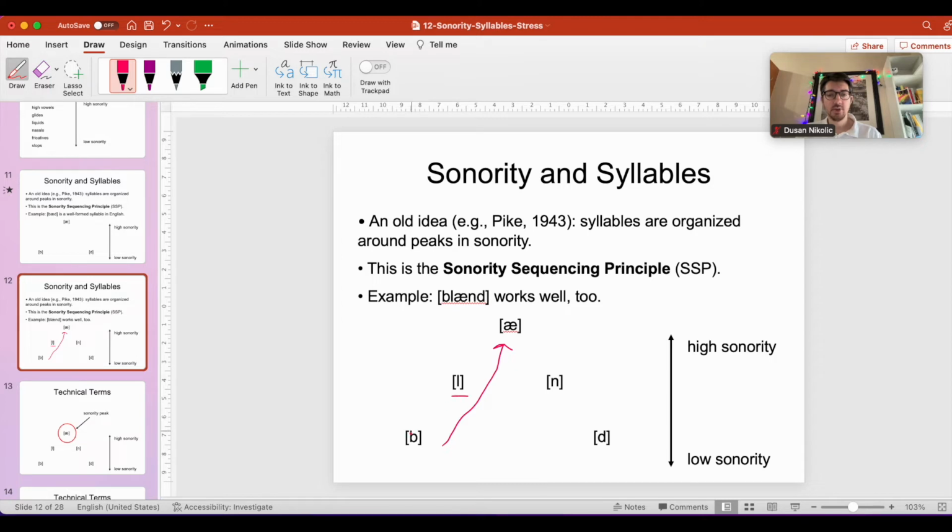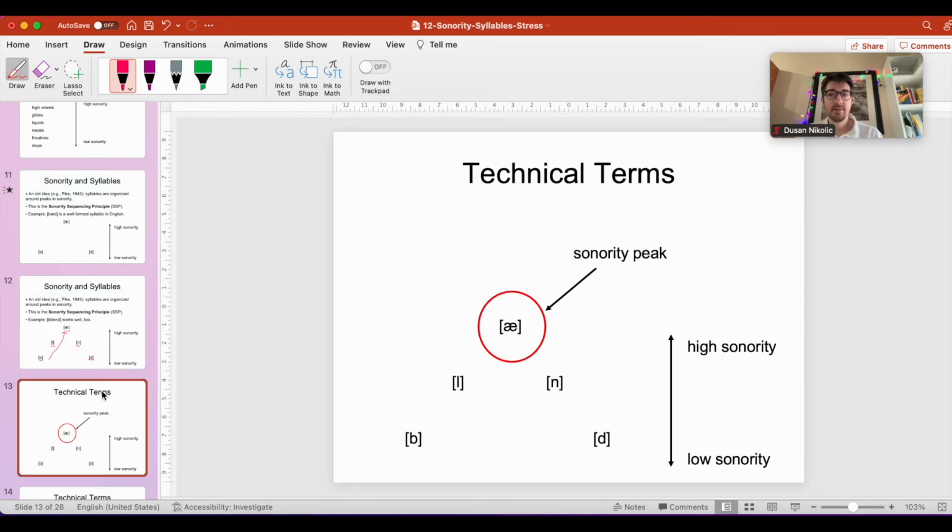L is more sonorous than B, and the vowel is more sonorous than both. The same goes with N and D. So these blend words work well too. These are very well formed examples of a monosyllabic word.